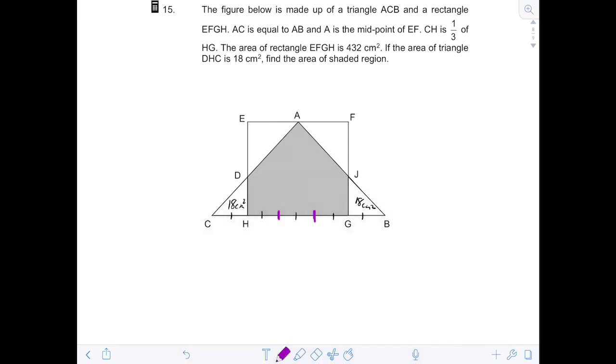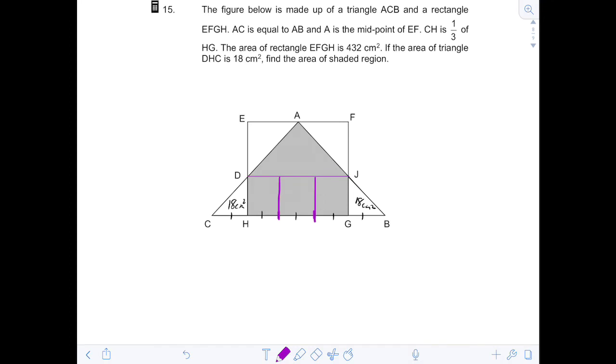Another way I can draw it is, let's say I continue drawing this up, maybe I draw a line from here to here, and then a line from here to here, and you see that they're all the same.